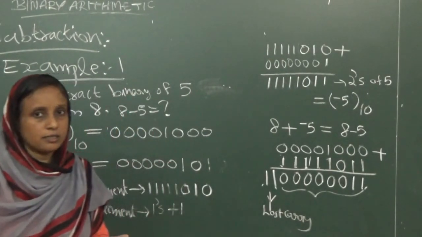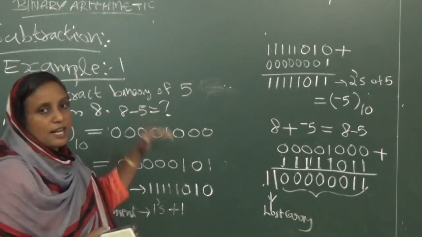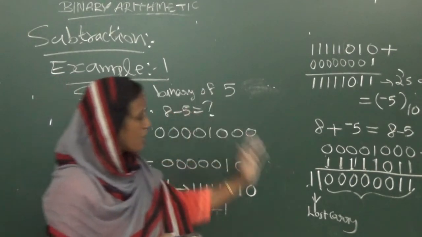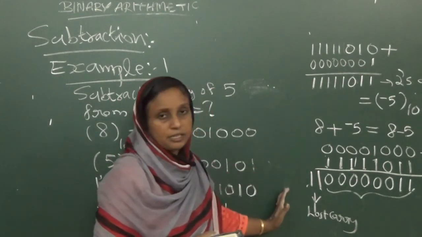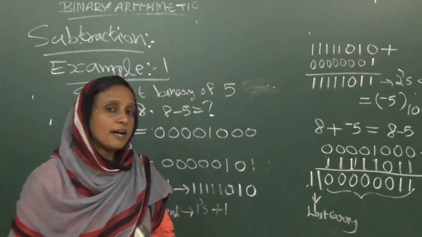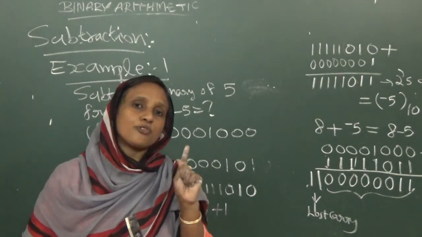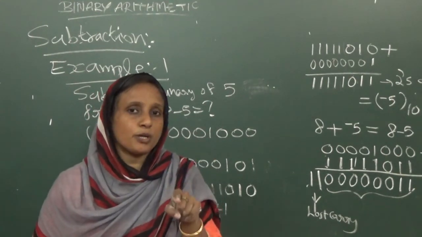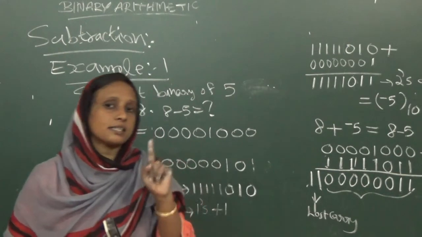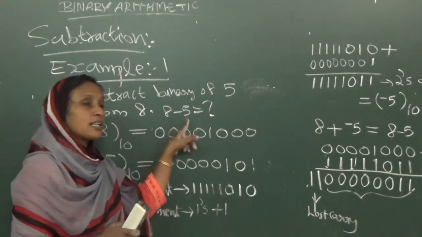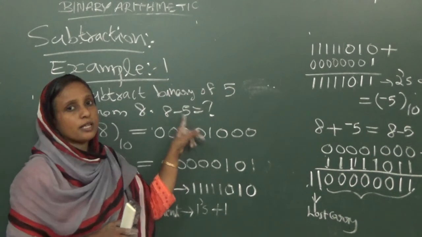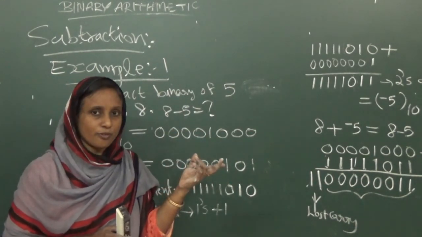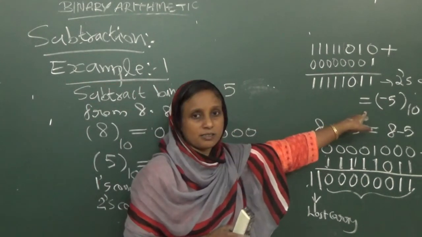You know that result. By converting 8 and 5 to their binary equivalent form, you can find the result here. But to perform binary subtraction, you have to perform binary addition by finding the 2's complement of the number being subtracted. Here the number is 5, so you have to find its 2's complement. 2's complement of 5 is minus 5. That minus 5 is obtained like this.